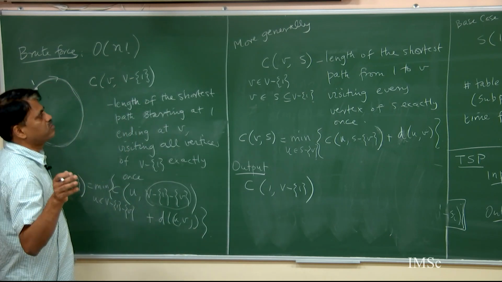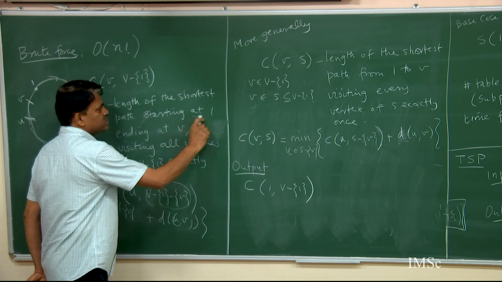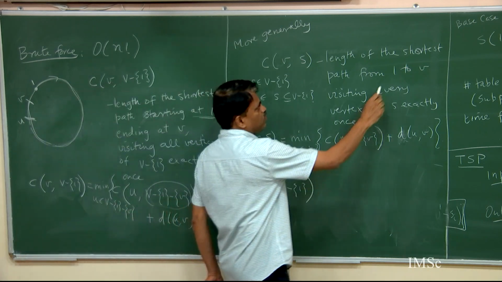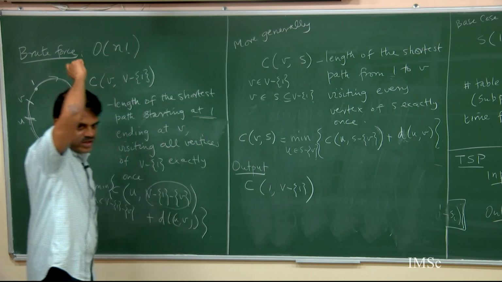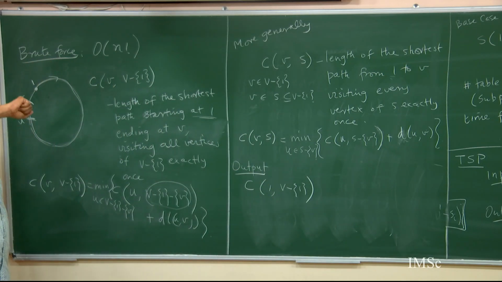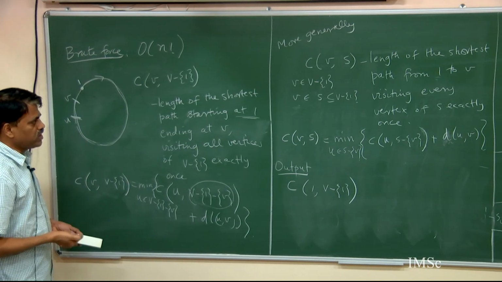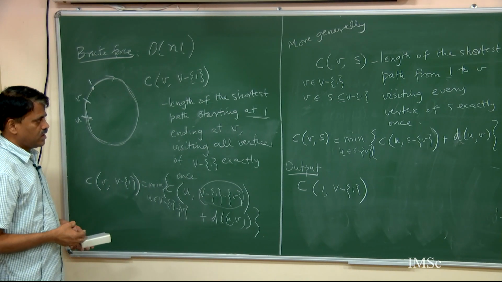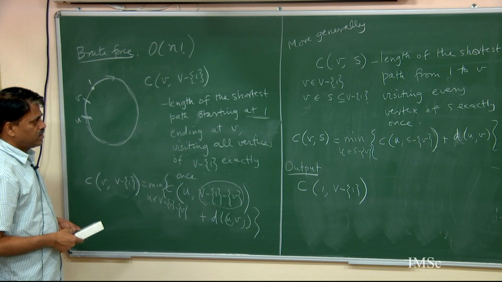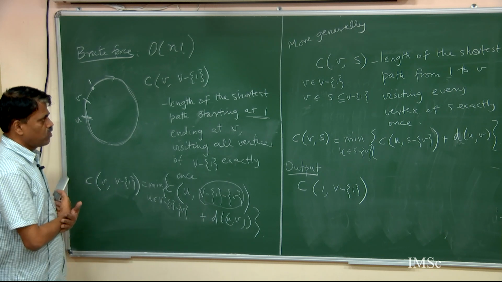The starting vertex is 1 forever, right? That is how our notation is. It is always from 1, some canonical vertex which we have fixed. So start at 1, visit everything other than 1 exactly once, and end at 1. This is what we want, and that is it, right?